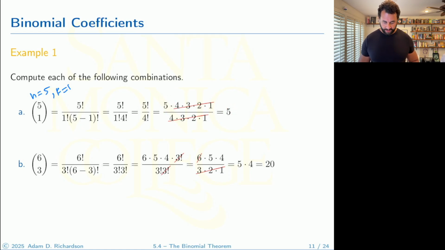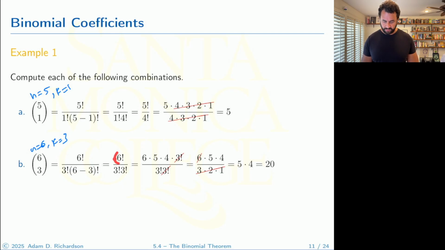All right. 6 choose 3. Now in this case, n is equal to 6 and k is equal to 3. So just like before, we've got 6 factorial over 3 factorial times 6 minus 3 factorial, and 6 minus 3 is equal to 3. Now I'm going to partially expand 6 factorial using that recursion relationship for the factorial function that we talked about back in section 5.1.